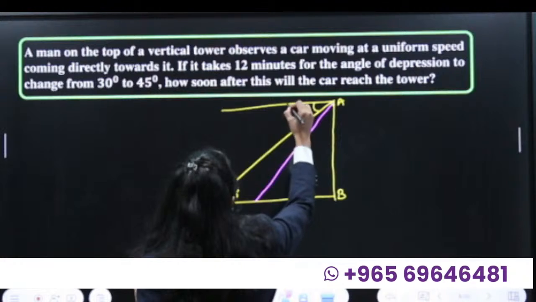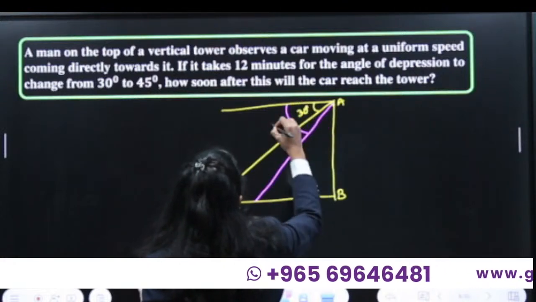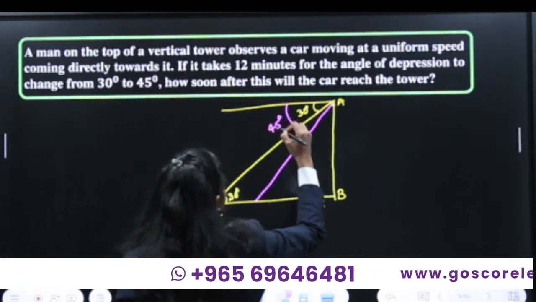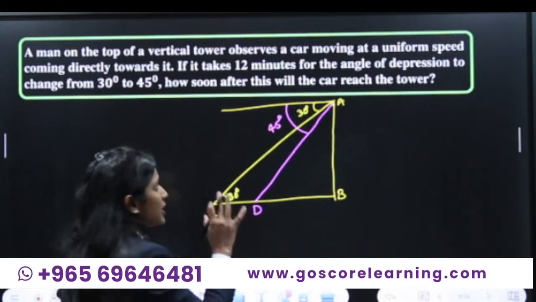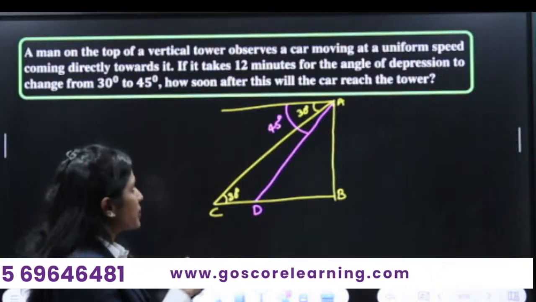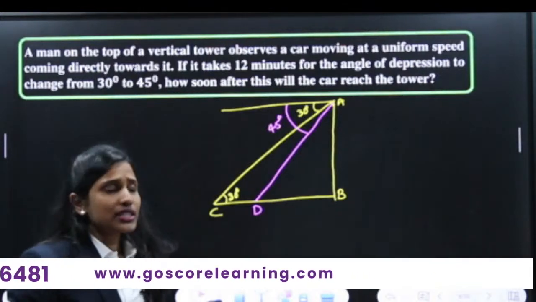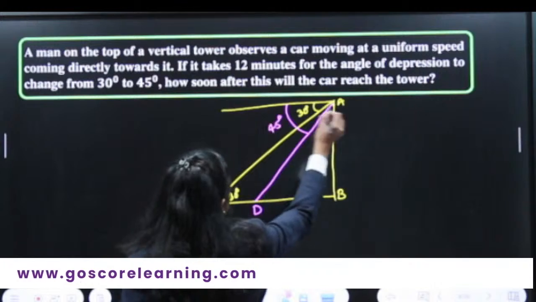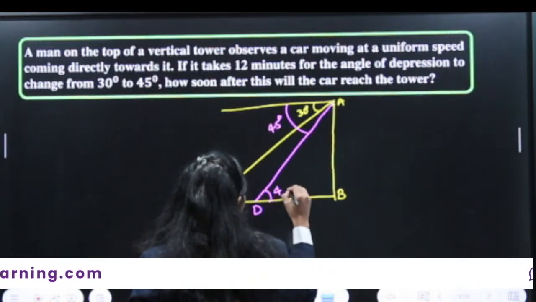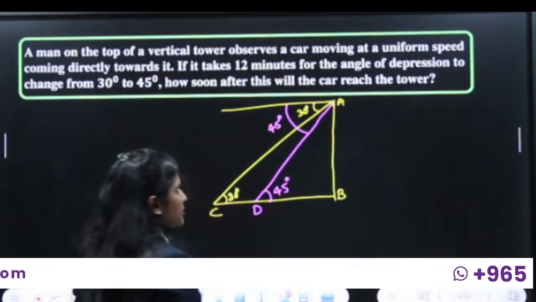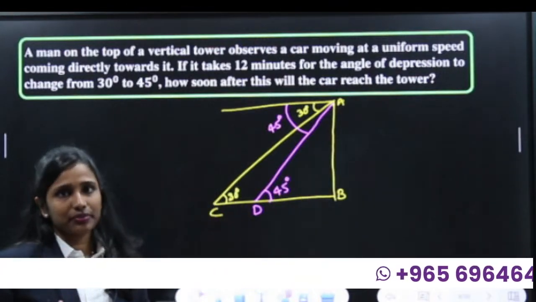At a point D, when the car is at point D, the angle of depression becomes 45 degrees. So again we consider an alternate interior angle, and we get this as 45 degrees. So this is the figure.